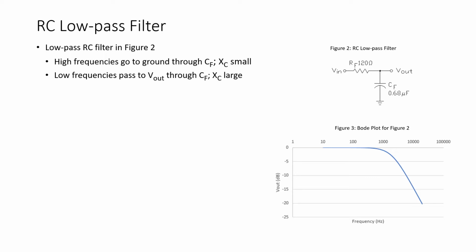The operation of this circuit is that at high frequencies, X sub C is small, so all the high frequencies are passed to ground through the capacitor. So at high frequencies, this capacitor, again referring to figure 1, is a low opposition to current, or a low impedance, so all the current goes to ground through the capacitor.